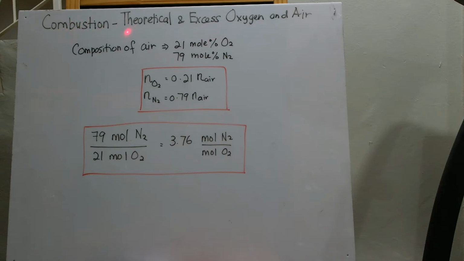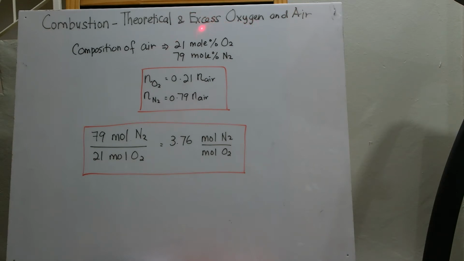In combustion we will look more at theoretical oxygen and air, because oxygen and air are one of the reactants in combustion. Combustion happens when we have a reaction between fuel and oxygen. That's why oxygen and air are important in combustion.